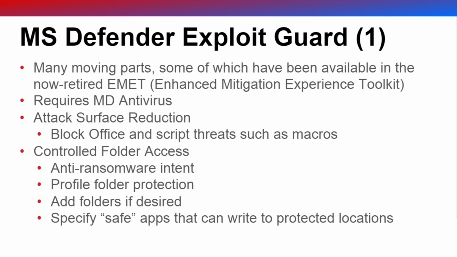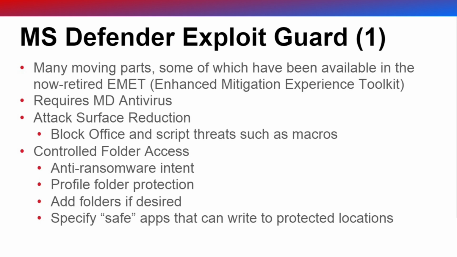Sometimes those can be created by hackers, and they can have malware effect. And so ASR in Exploit Guard is designed to block those kinds of script-based and macro-based threats if you're using Microsoft Office applications.